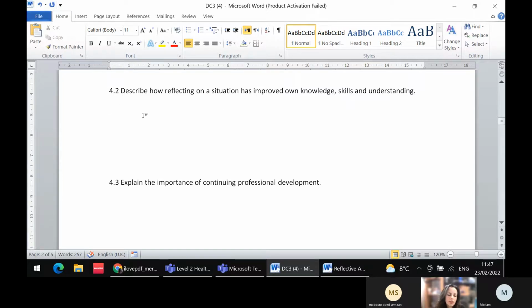So this is, again, a reflective account because it says your own. Can you see? So you talk about you. You say I. You don't say the healthcare should do this. No, you say I should do this. So describe how reflecting on a situation has improved your own knowledge. So can you think about any situation?